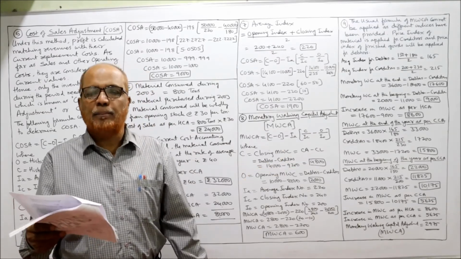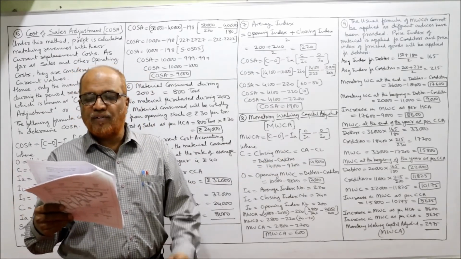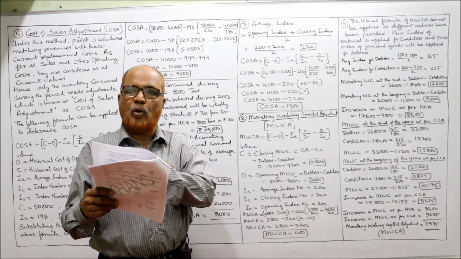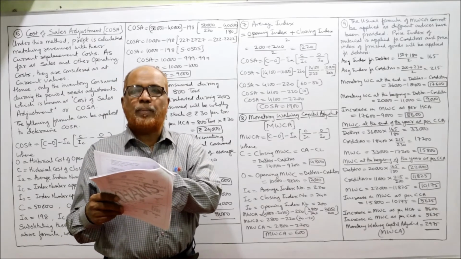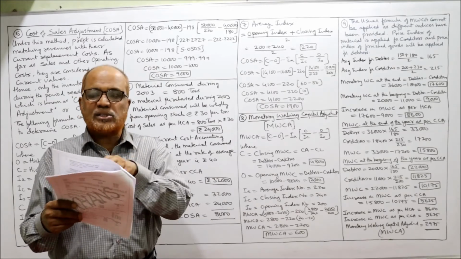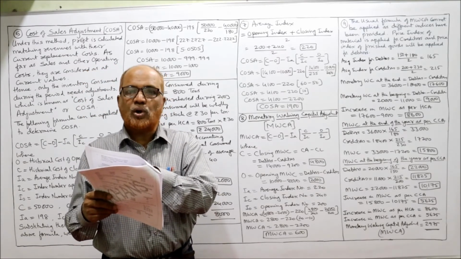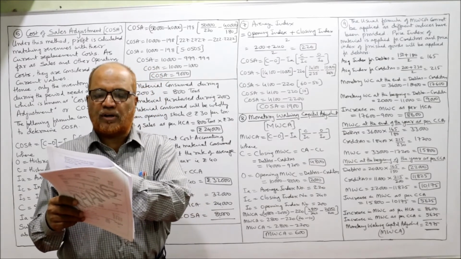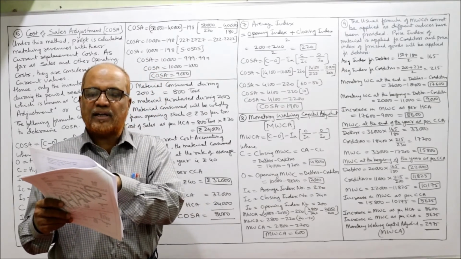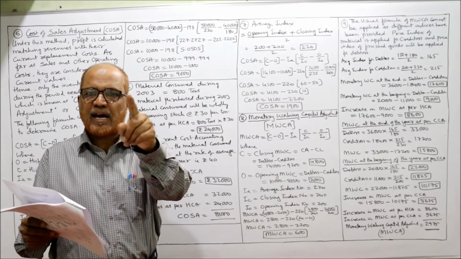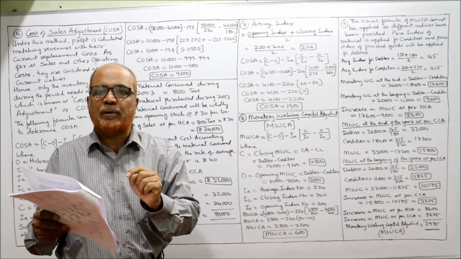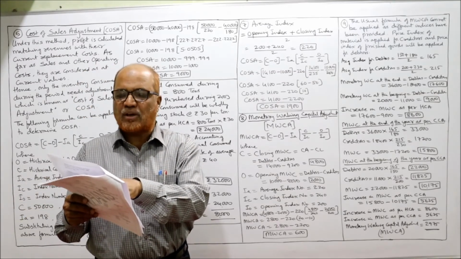Accounts payable means creditors. Opening debtors 20,000, closing debtors 36,000. Opening creditors 11,000, closing creditors 18,400. Working capital means account receivable minus accounts payable. So 20,000 minus 11,000, 9,000.